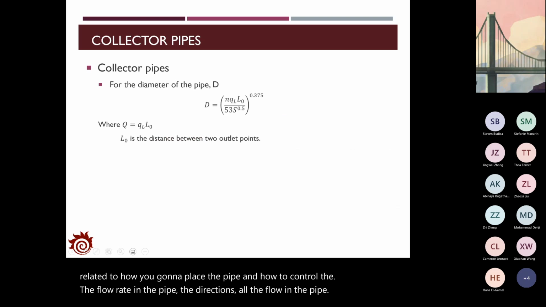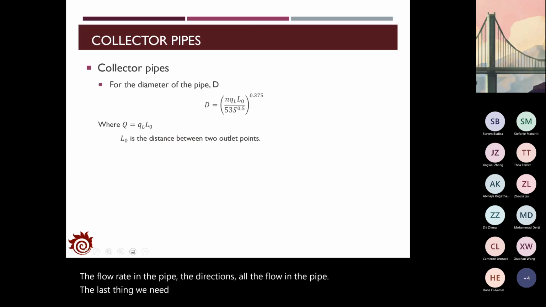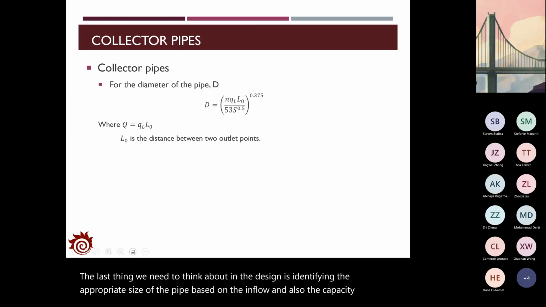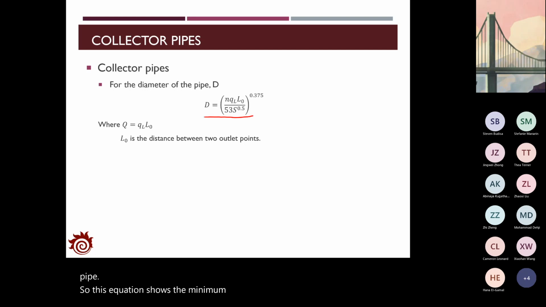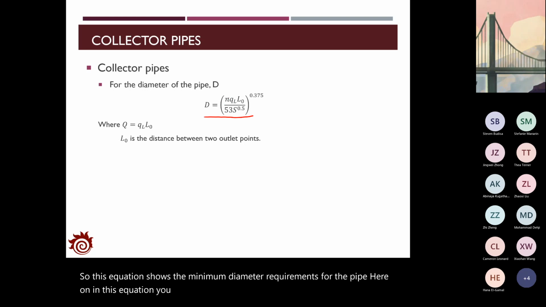The last thing we need to think about in the design is identifying the appropriate size of the pipe based on the inflow and also the capacity of the pipe. So this equation shows the minimum diameter requirement for the pipe. Here you have the value of n, the roughness coefficient.